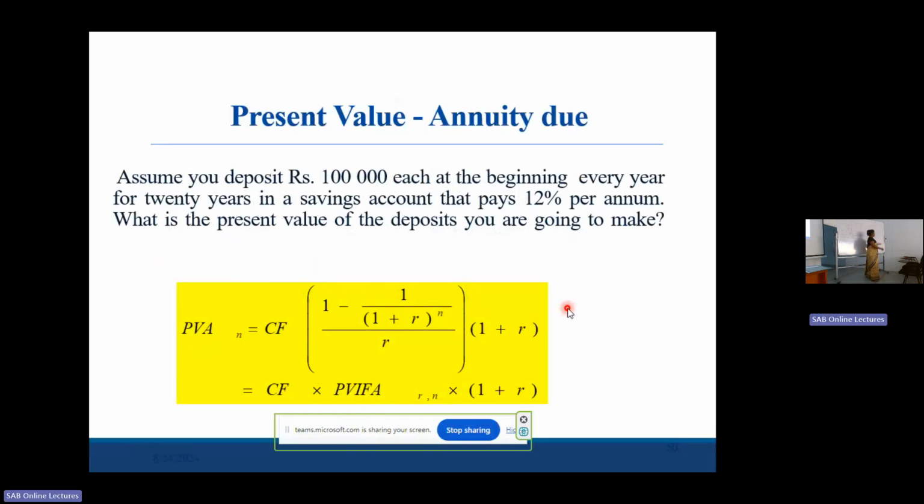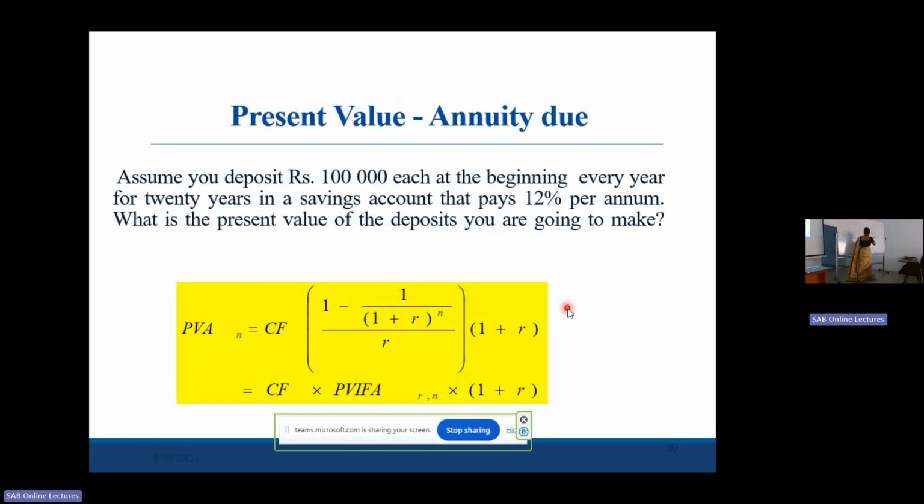So now what happens in the due case? What has happened in the due case? Okay, the annuity due. When calculating the ordinary future value, there was one extra compounding.